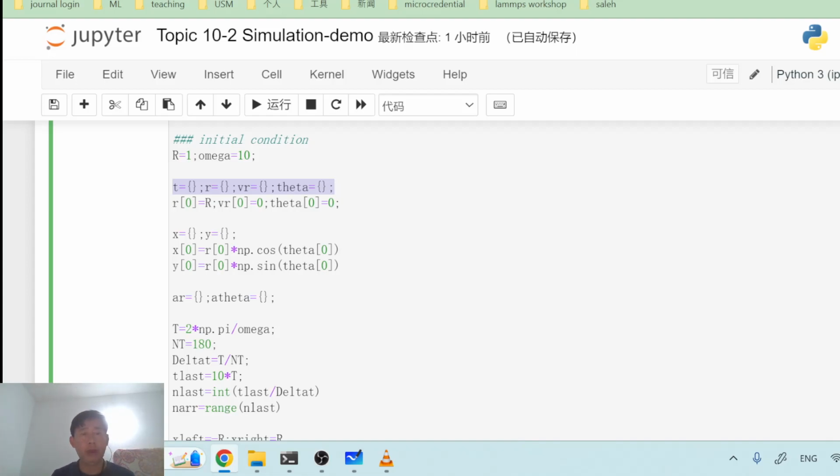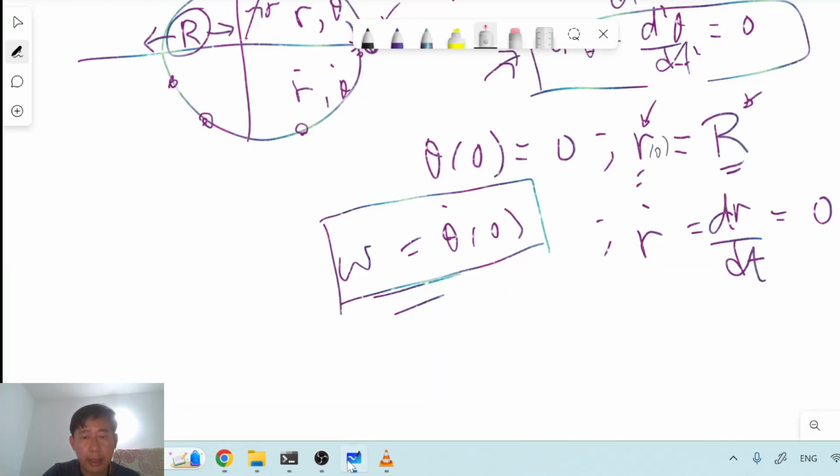dictionary that describes the time, the r, vr, theta, and also theta dot. I think somewhere the theta dot is not appearing, but in principle I should prepare the theta dot and r dot, which are the numbers that I have mentioned here.